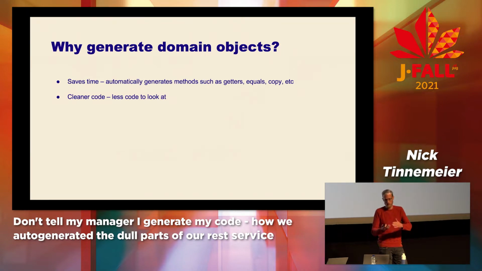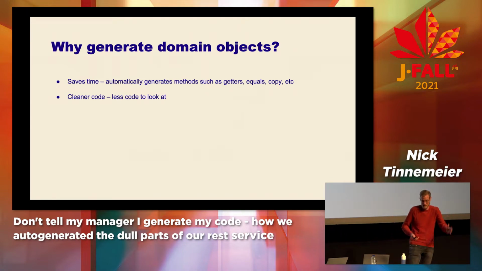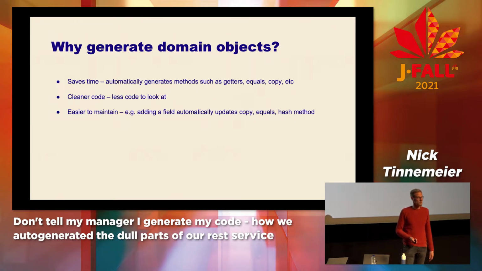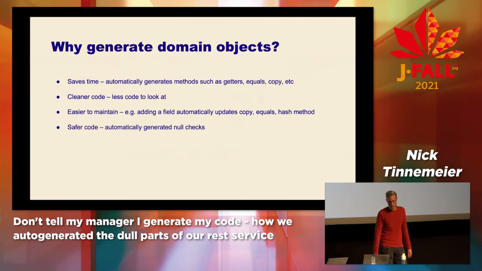And if the getters and setters are there, I don't know about you, but I just can read through them anyway. And now you don't have to. It's easier to maintain because if you add a field, it automatically updates all your boilerplate code. And it leads to safer code because if you pick the right framework, it does actually quite well handle null.